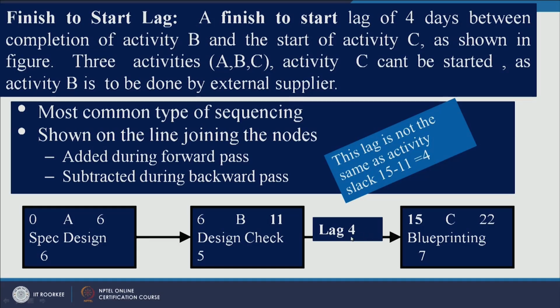You will be receiving it on 15th day, and after receiving that on 15th day you are doing blueprinting and you are taking 7 days. So, total duration is 22.